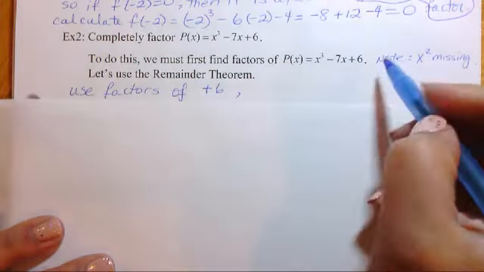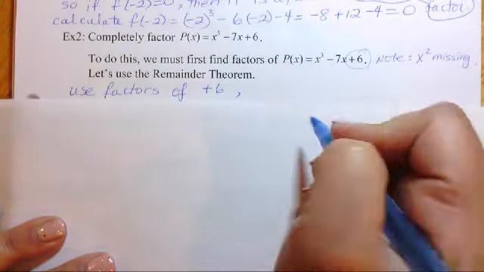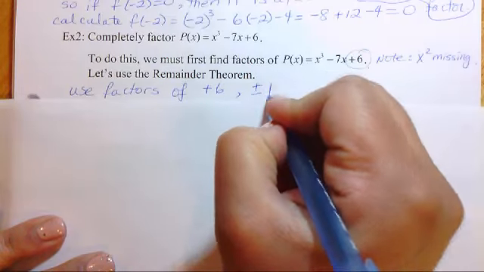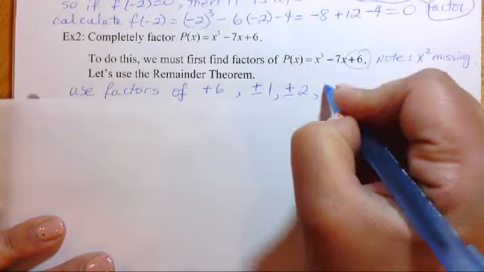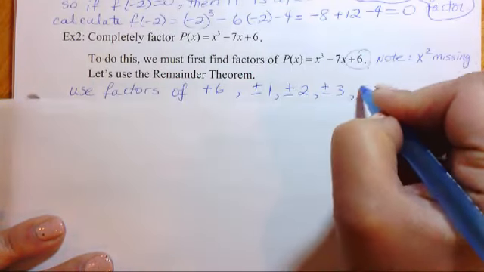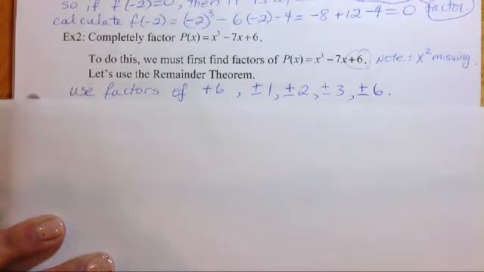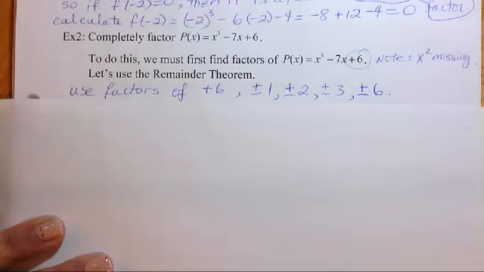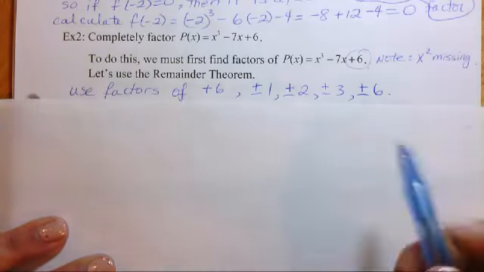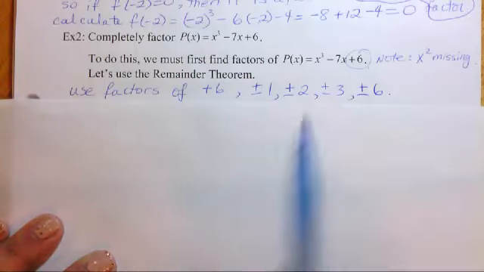So let's look at our constant here, and we're going to use the factors of positive 6. The factors of positive 6 are plus minus 1, plus minus 2, plus minus 3, plus minus 6, and these are the numbers that we're going to be plugging in to determine whether or not certain numbers are factors. Nothing else is possible to actually plug in and to work.